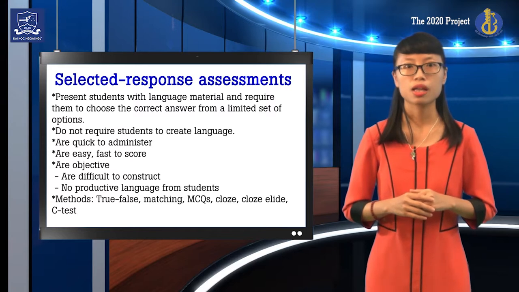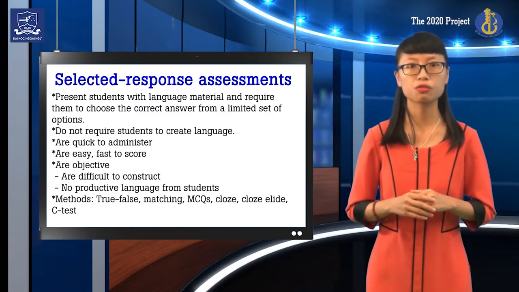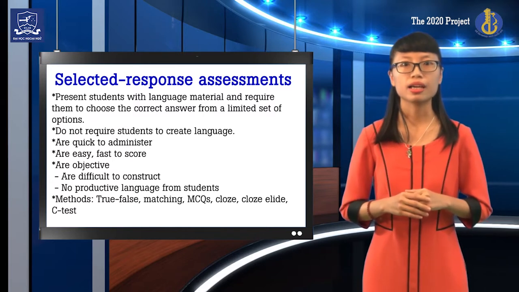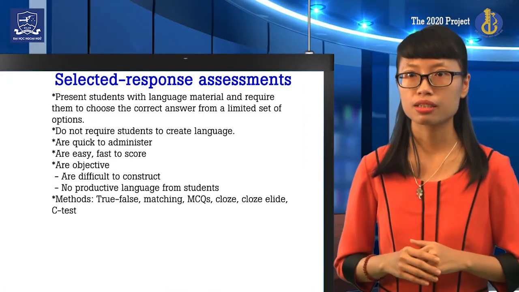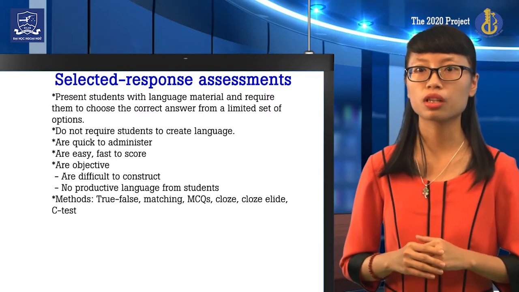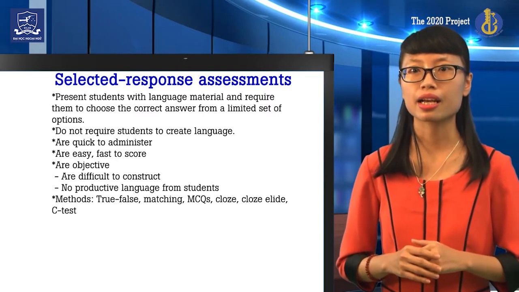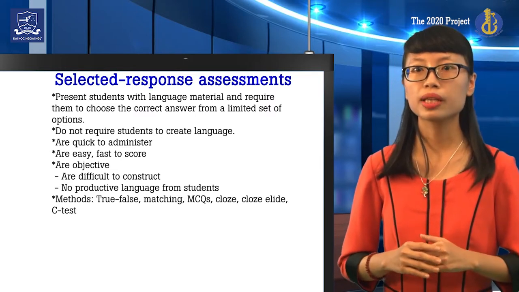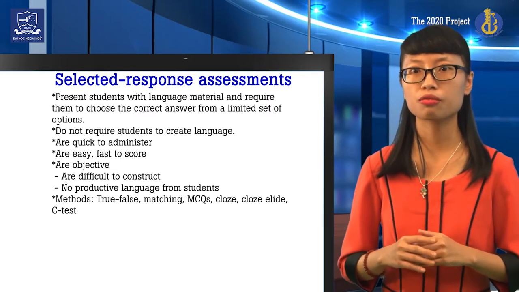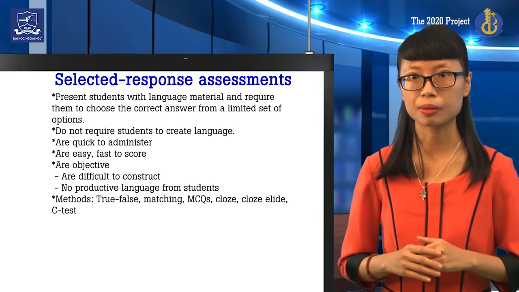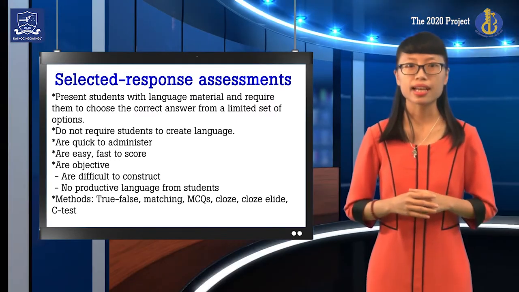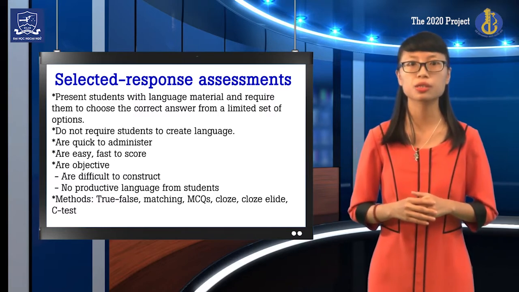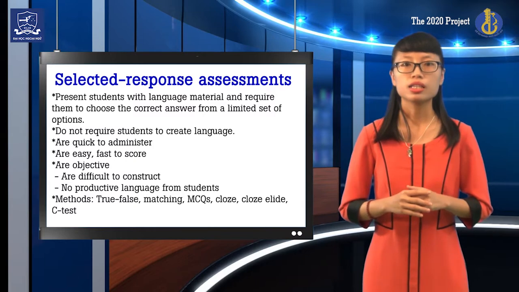Some other types that you might know well but not so familiar with their names are the cloze elide test and C-test. In fact, these are just adaptations of cloze tests. A C-test is like a cloze test in the way that it asks students to complete a text which has several words left missing. But in a C-test, the first two letters of each missing word are given.